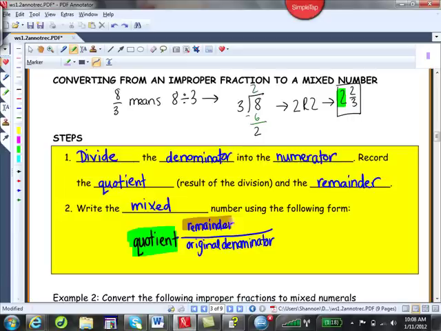The remainder, you know, I apologize. We're going to underline because these colors are getting strange. So this is the remainder we were talking about, and this here is the original denominator right there. Okay, so let's check it out.